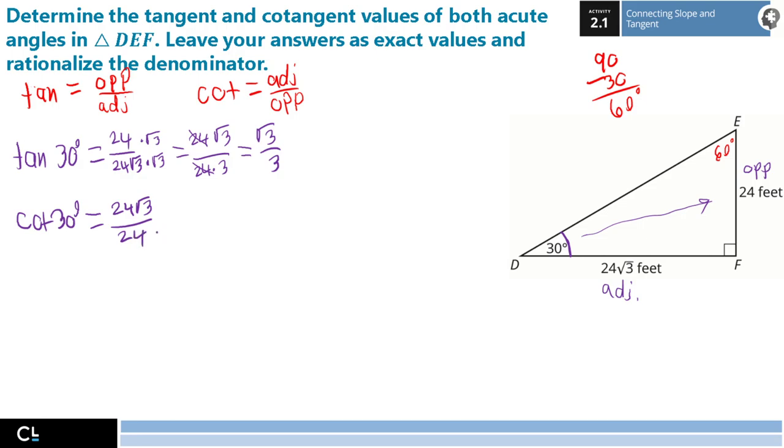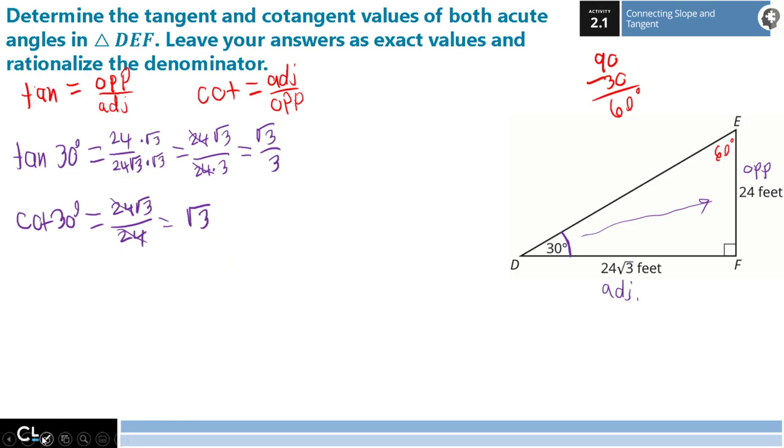Now, we don't have to rationalize the denominator because there is no radical in our denominator, so we don't need the multiplication step. All we have to do is simplify. Since we have 24 up top and 24 down below, they cancel, which leaves me with radical 3. So the cotangent of 30 degrees is radical 3.